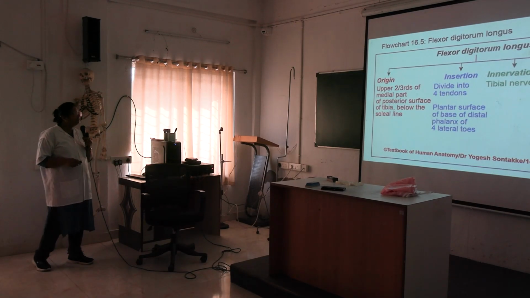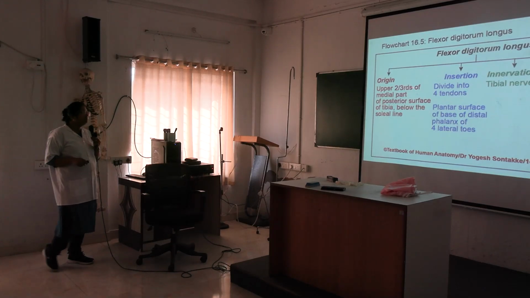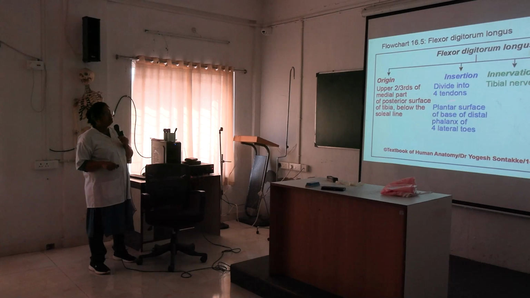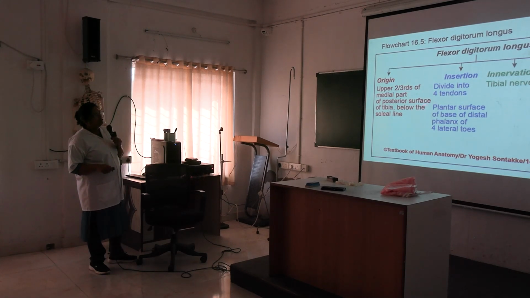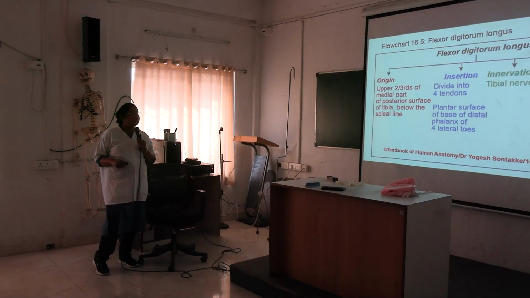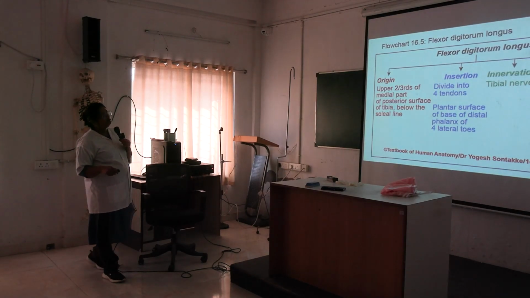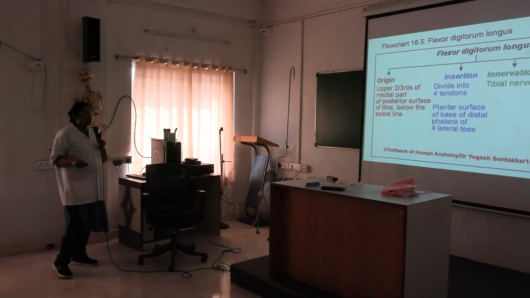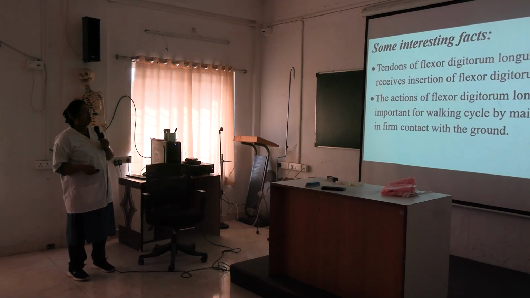Flexor digitorum longus, origin from upper 2/3 of medial part of posterior surface of tibia below the soleal line. Insertion divided into 4 tendons inserted on the plantar surface of base of distal phalanx of lateral 4 toes. Innervation tibial nerve. Action is plantar flexion of lateral 4 toes, plantar flexion of ankle, and maintain the longitudinal arches.